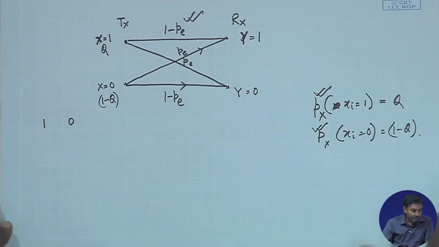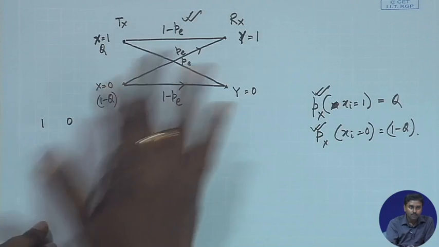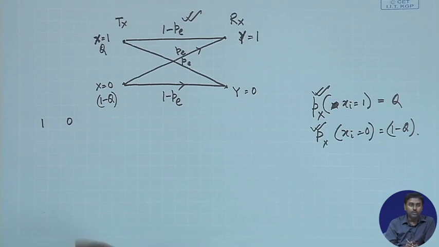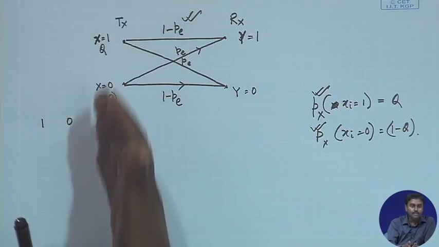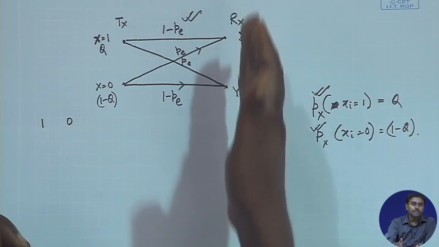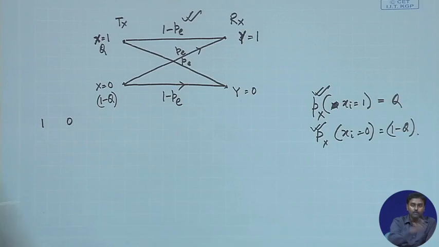So, now let us try to define whatever we have got so far. If you see over here, there are two random events. One is x, which is one of the random variables, and the other is y, what is transmitted and what is received.